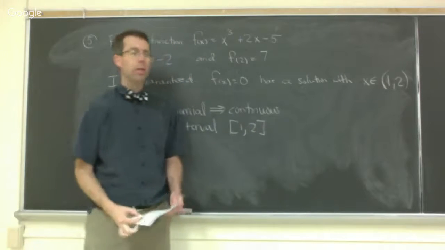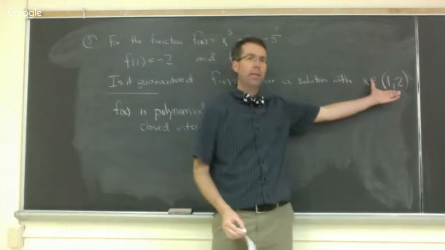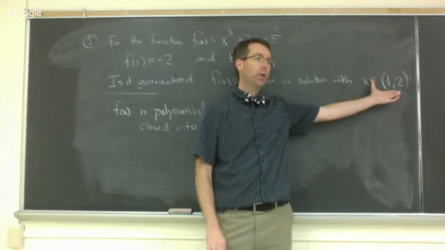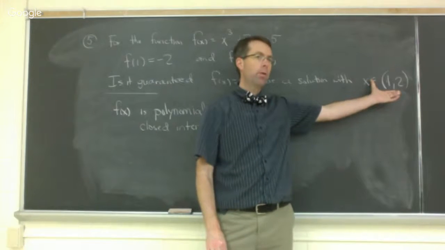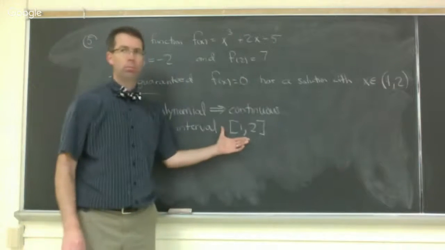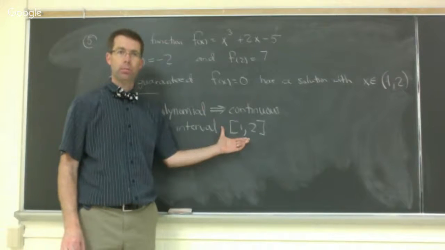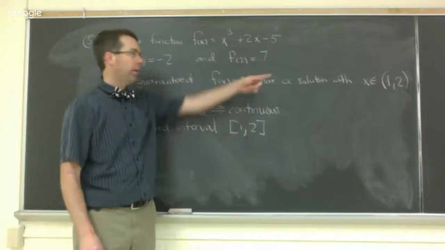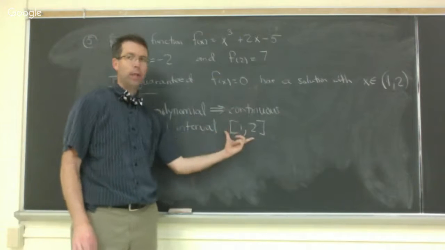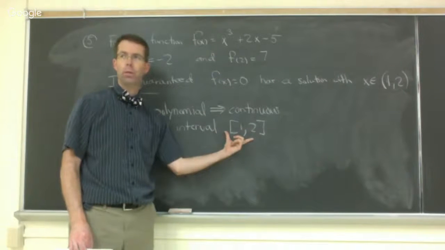Now, it's important to note that the interval that was given in the problem was not closed. It was open. But if you include the endpoints, it is closed. Okay, so that interval is really coming from the closed interval 1 to 2.